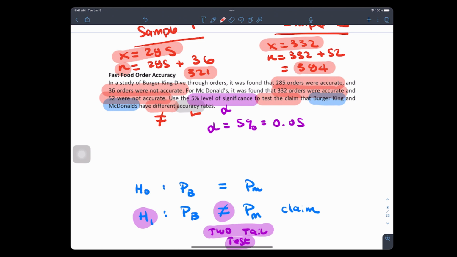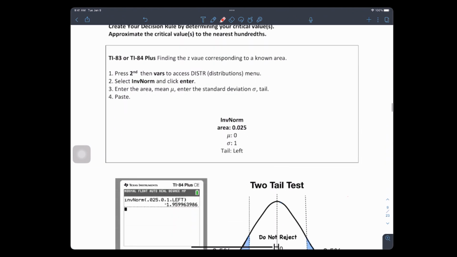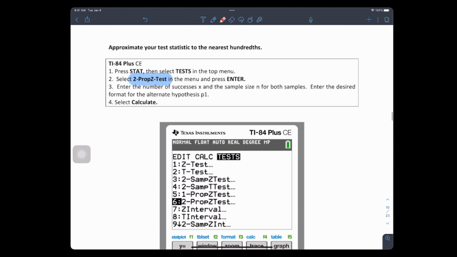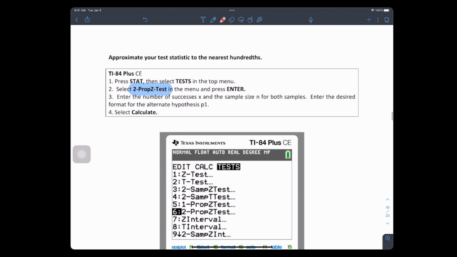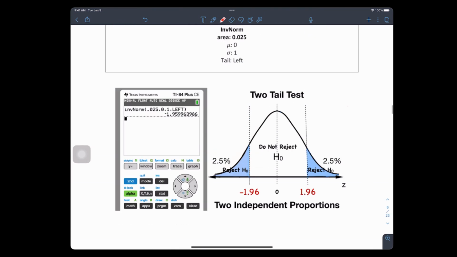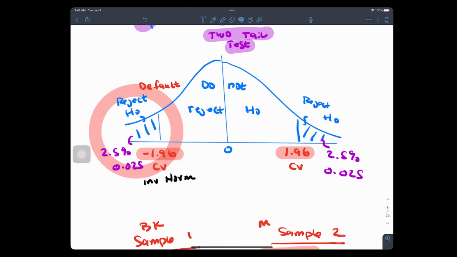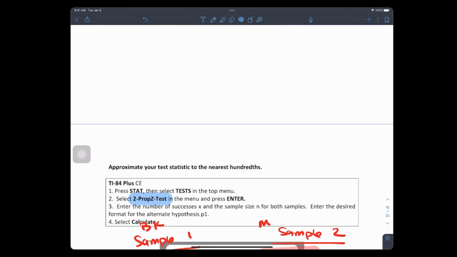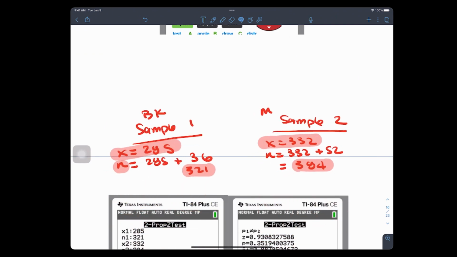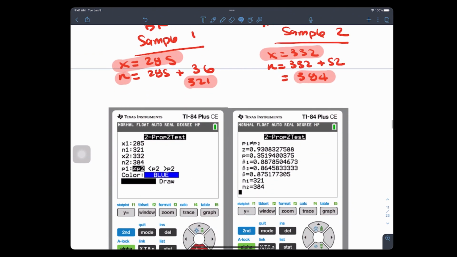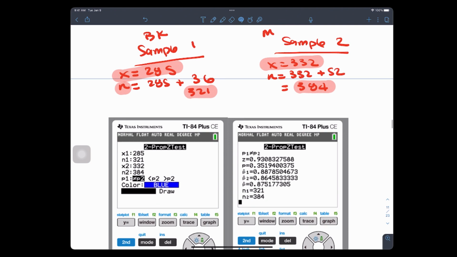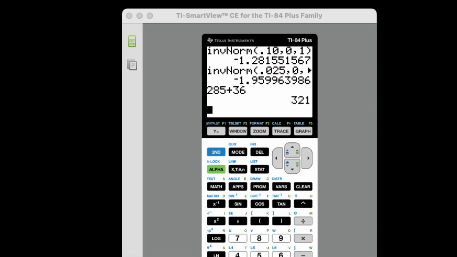Okay, what do we look for, ladies and gentlemen? Two proportion Z-test. So we're going to enter the sample information into a two proportion Z-test. So let's try it out, okay? That's what we're going to enter. It's in the notes even.